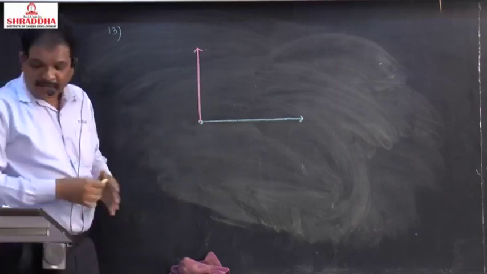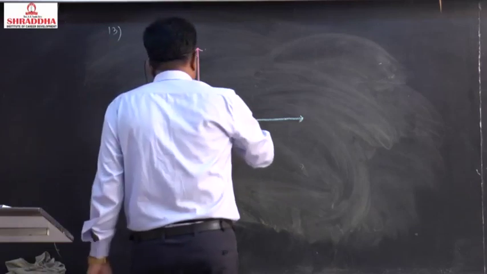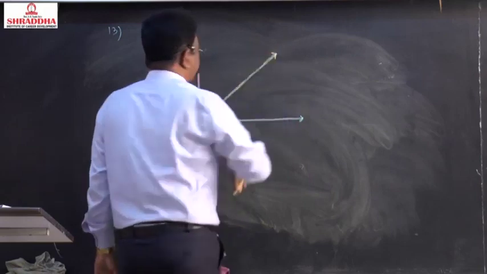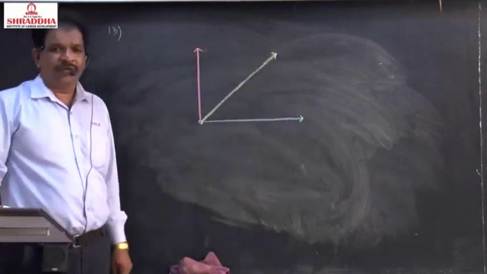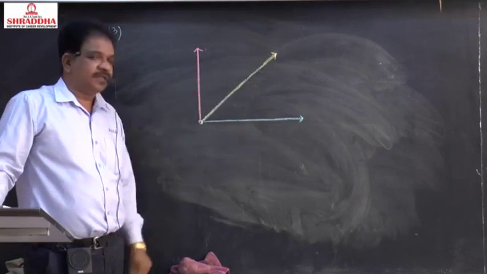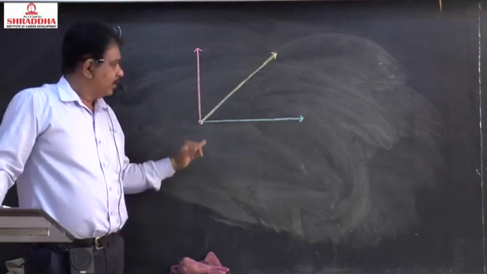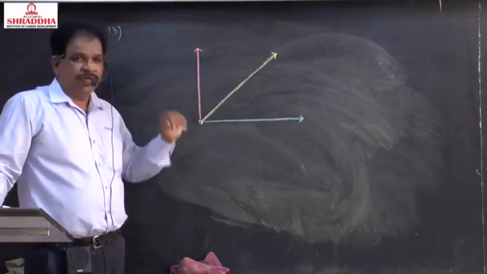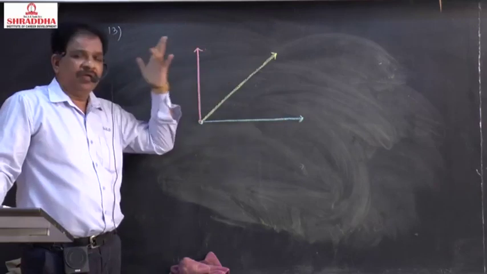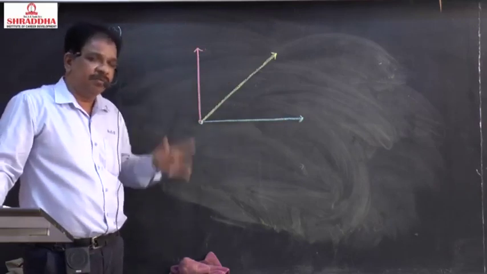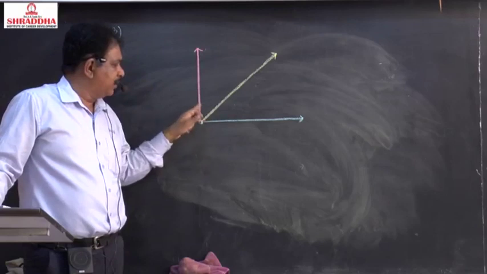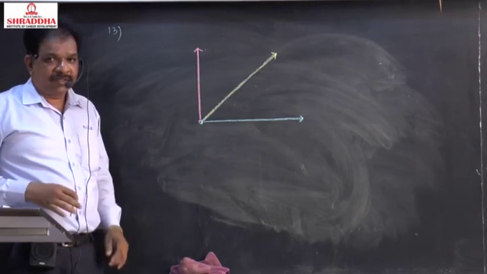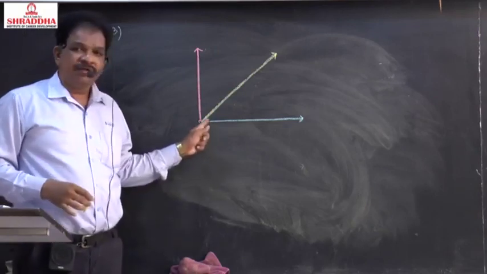Next, another particle C is going along the line x is equal to y with velocity c. Is it clear? A is going like this, B is going like this. C is going along the line x is equal to y, which means it is going at an angle of 45 degrees with each axis.